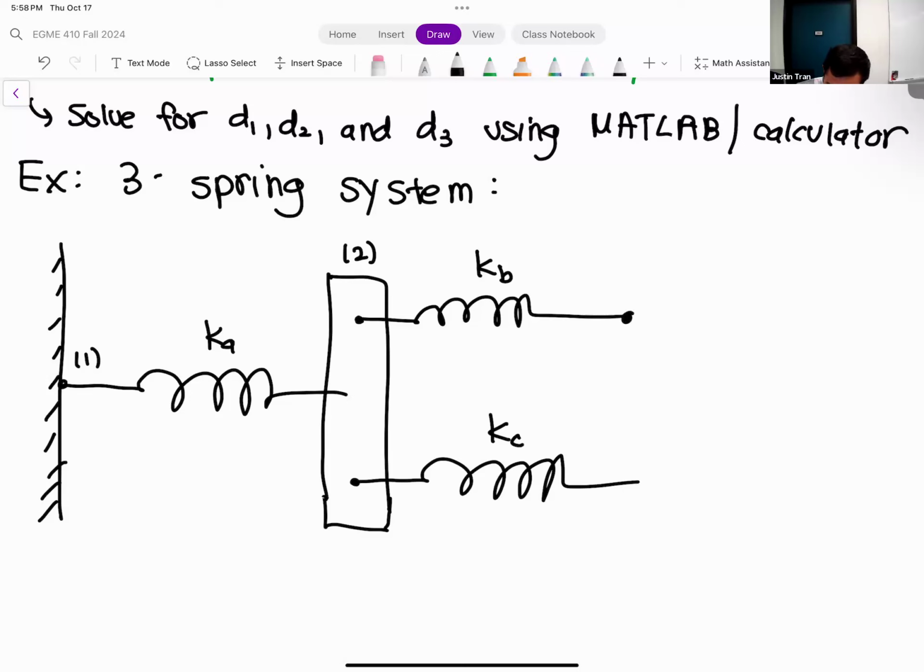The right-hand side of KB is going to be node number 3, and the right-hand side of spring C is going to be node number 4. So we have a 4-node system here. Each of these nodes is going to have its respective deformation. We have D1 on the left-hand side, D2 for the wooden block, D3, and D4.